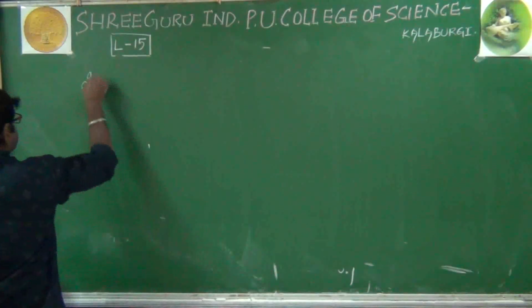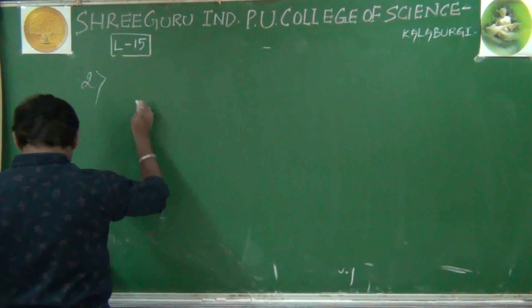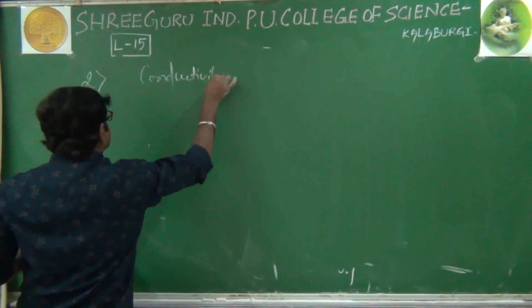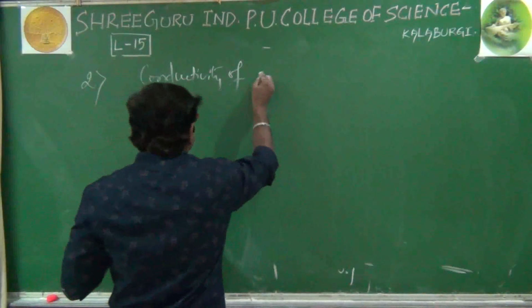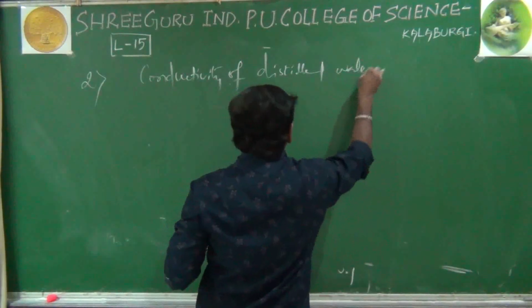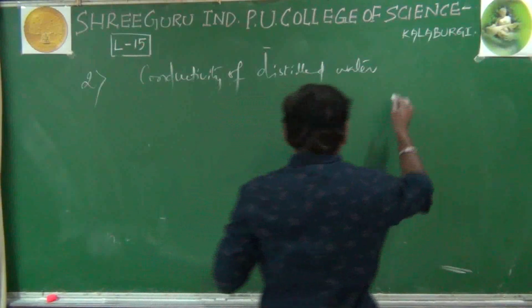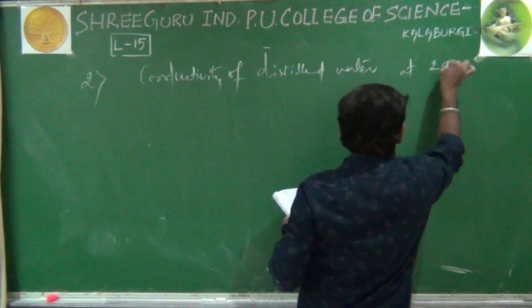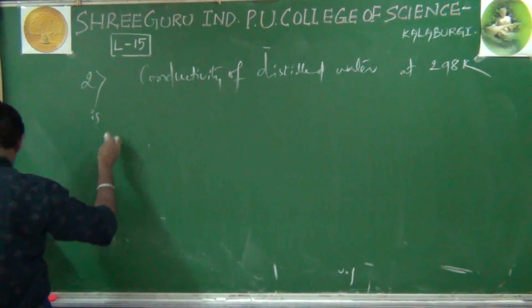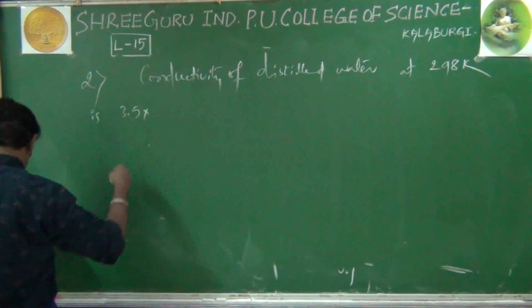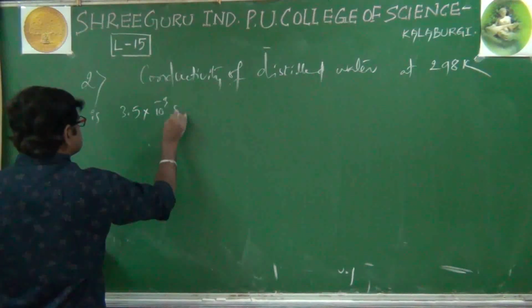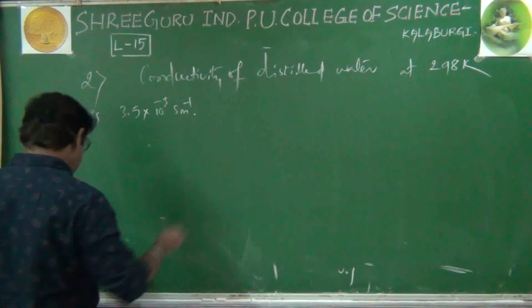Next question, second question. Conductivity of distilled water at 298 kelvins is 3.5 into 10 to the power of minus 3 Siemens per meter.